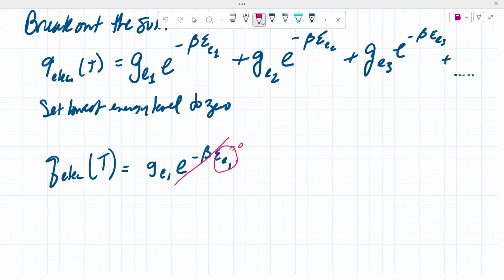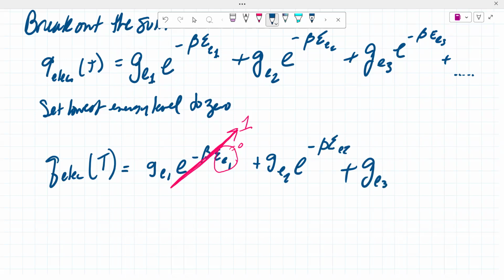So we're going to write this as 1. This is for the whole term. That whole thing goes to 1. And then we carry all the rest of the terms along. Plus g2 e to the negative beta E2 plus g3 e to the negative beta E3 plus blah, blah, blah.